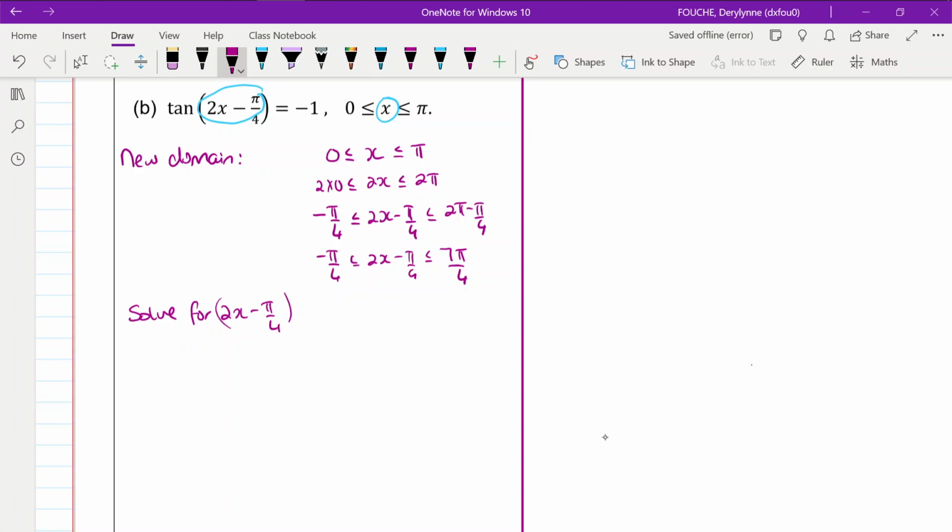So I know that 2x minus pi on 4 is going to be inverse tan of 1. Remember, I ignore the sign, because all the sign tells me is where tan is negative. So CAST, and tan is negative in quadrant 2 and quadrant 4.